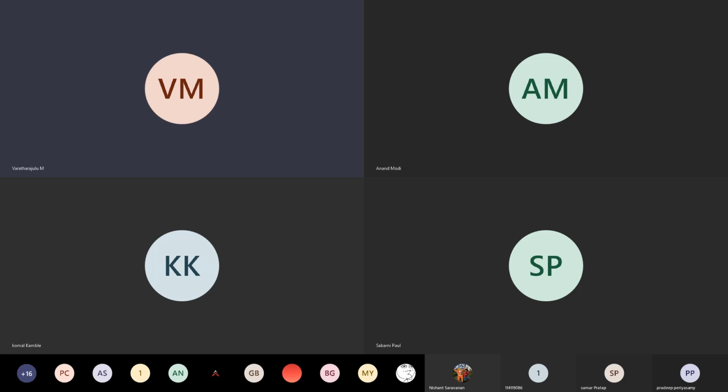Therefore, the successive iteration difference becomes 0.001. Therefore, we can stop our iteration with the seventh iteration, and I will share the results as said by Sabranipal.